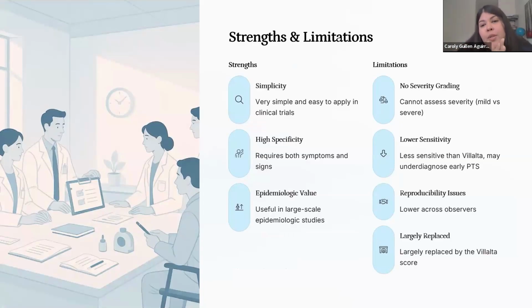However, the limitations were that there was no severity grading, so it cannot assess severity like mild versus severe; it had low sensitivity, being less sensitive than the Villalta, and it may underdiagnose early PTS; and reproducibility was lower across observers. Because of these limitations, it was largely replaced.